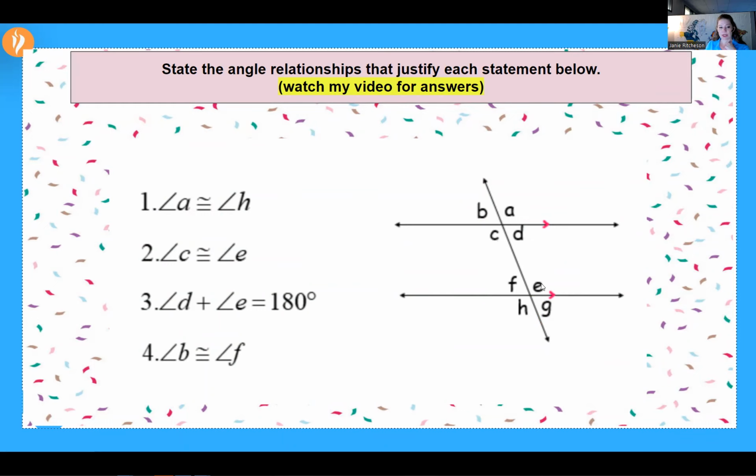Alternate interior angles are congruent. It's saying to prove that angles D plus E equals 180 degrees. D and E are same side interior, and they are, in fact, supplementary. So this is a true statement. And then angles B and F are corresponding angles, which means they are congruent.